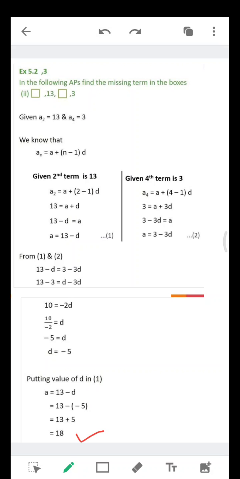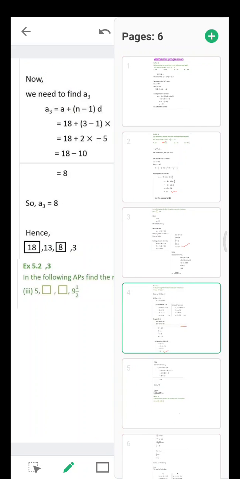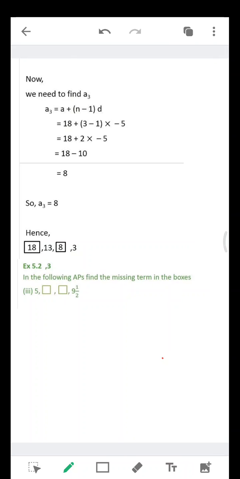To find the third term, we'll again use the formula A plus N minus 1 into D. What are our A and D values? A was 18 and D is minus 5. We'll substitute in the formula and we get A3 as 8. So finally we have got the values of the first term and third term.